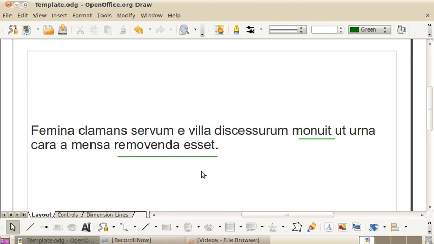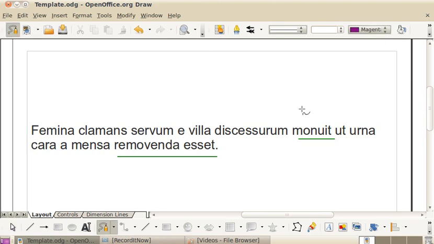Now, we're not going to deal with this construction just yet. Suffice it to say that it is a compound verb, it is in the subjunctive, and that is information that is going to be useful when we're trying to determine what clauses we have in this sentence.